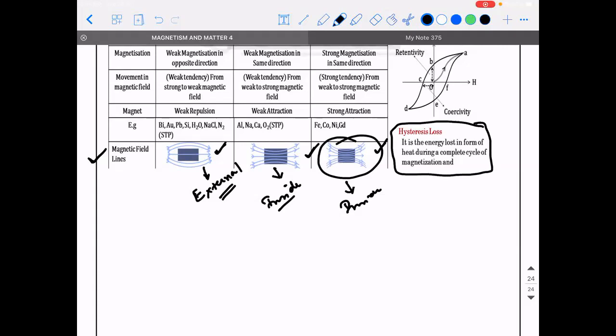The loop that you saw was a complete cycle of magnetization and demagnetization. If you pass an alternating current, there will be cycles of magnetization and demagnetization, due to which energy will be lost in the form of heat. That kind of loss is what we call hysteresis loss.